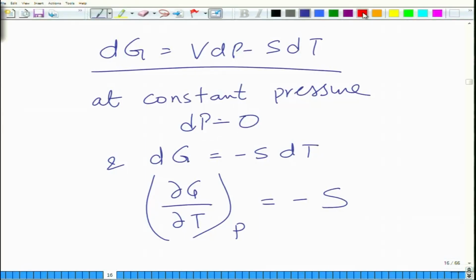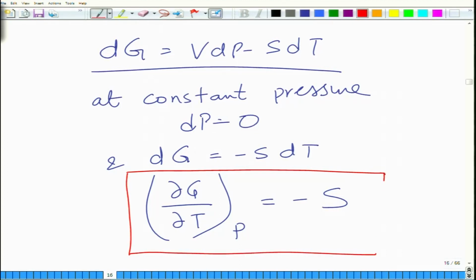This is a very important relation that you obtain: decrease of free energy as a function of temperature at constant pressure.